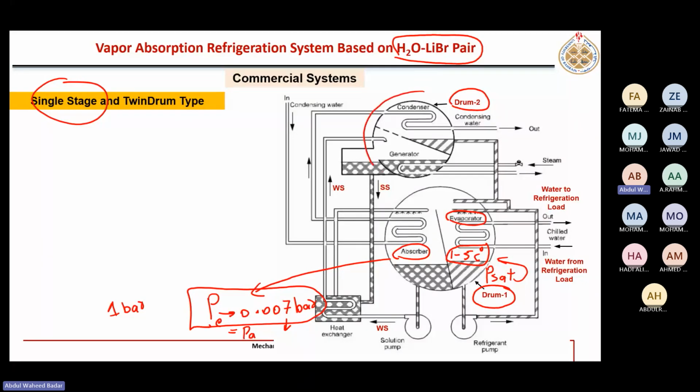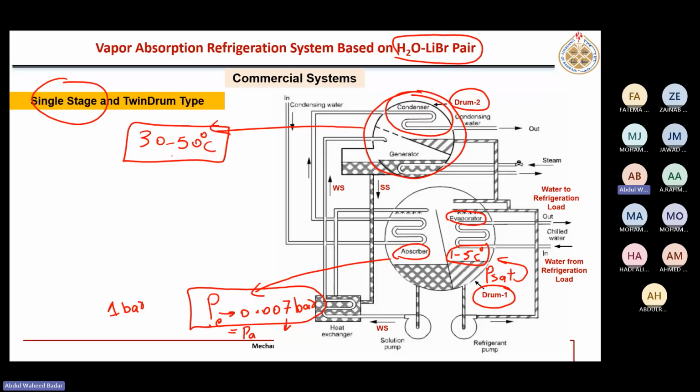Similarly, the generator and condenser are combined in one drum. Here the pressure is again low, because we are condensing water in the range of 30 to 50 degrees Celsius, depending upon the coolant or ambient air temperature.